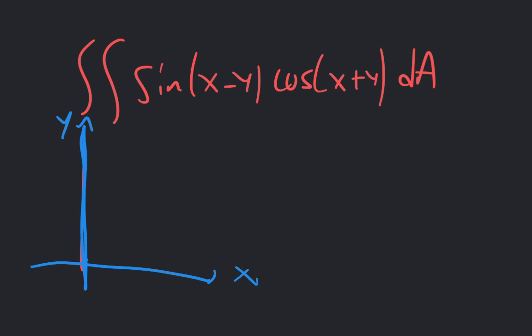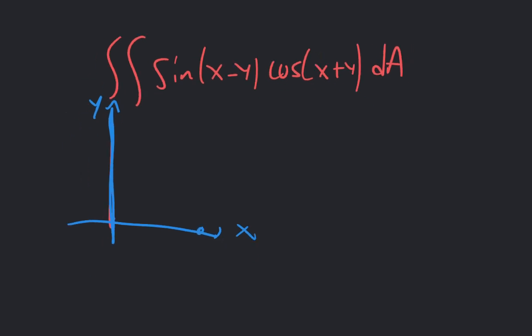And it's going to be y is equal to pi, y is negative pi, and x is pi. So it's this triangular region that I am doing backwards. This way.